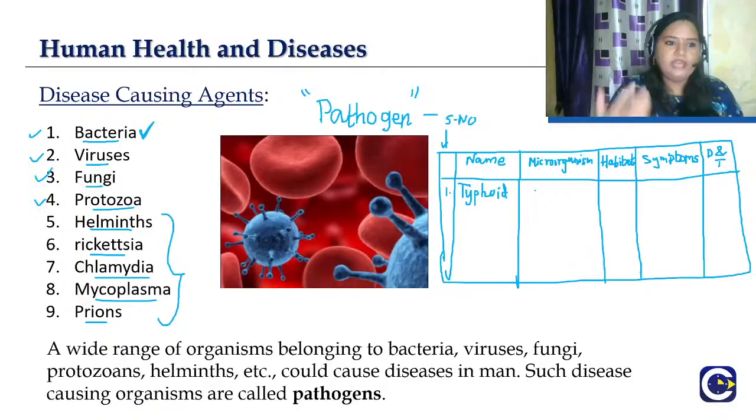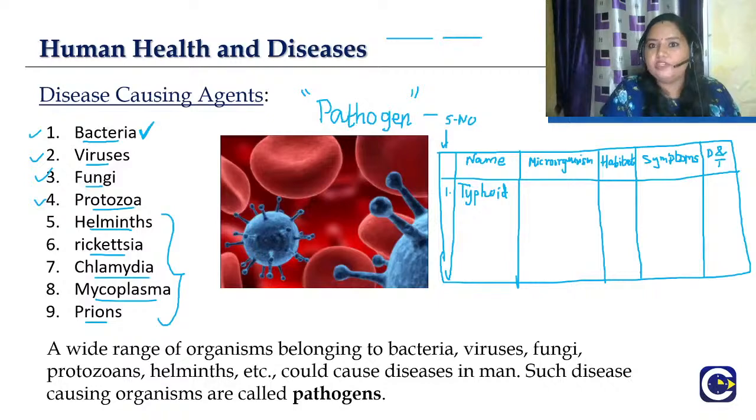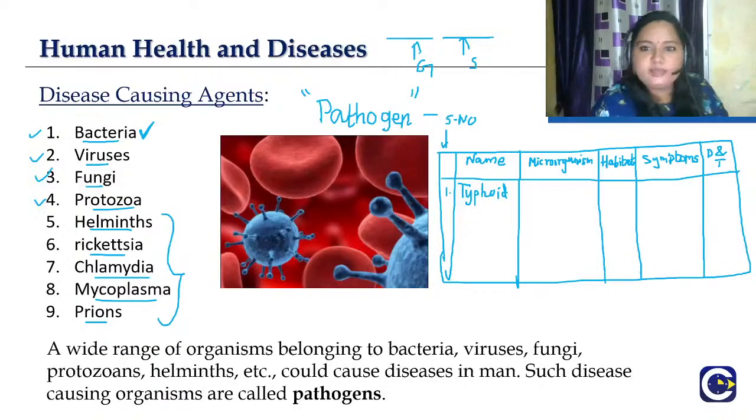I know it is a bacteria, but I want you to give me the genus and species name of that particular bacteria. For any microorganism, we will have two names. That's called binomial nomenclature. The first name is called genus, and the second name is called species. So can somebody give me the binomial nomenclature of the bacteria that causes typhoid?